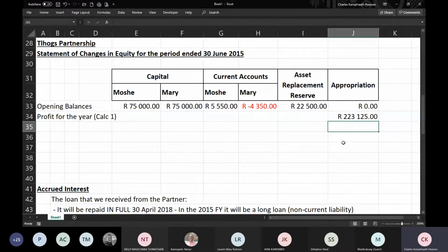Any questions so far? Where is the 55,000 from? Just repeat that question for me. Where is the 55,000 from?